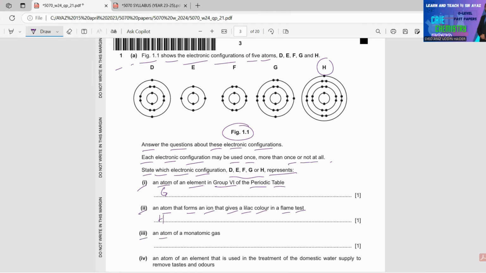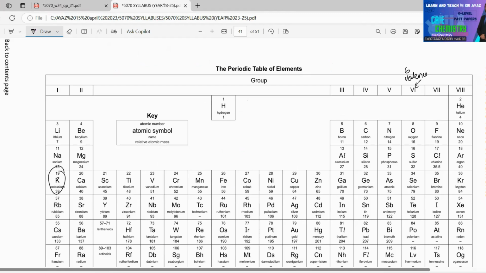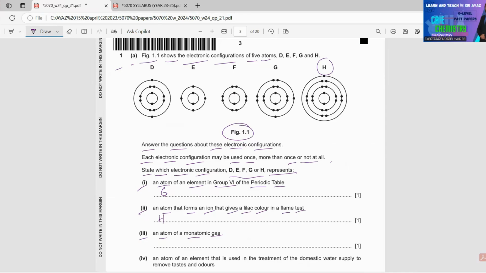Number 3, an atom of a monatomic gas. So group 8 elements, they all exist as monatomic gas. So the proton numbers, you have 2, 10, 18, 36. So any one of these having 2, 10, 18, or even 36.